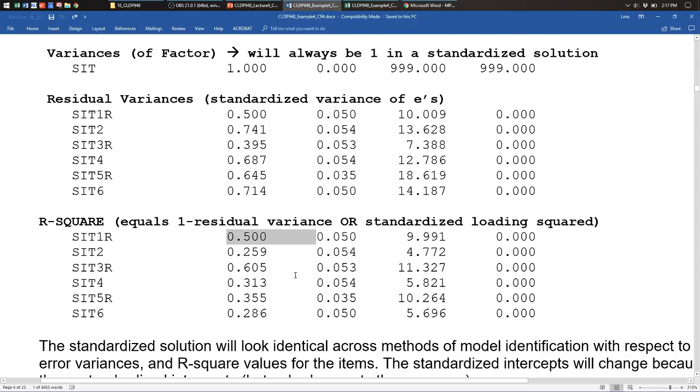Your standardized loadings squared get shown again as an R square, which is how much of the item's variance the factor has accounted for. There are no hard and fast rules about what is good and bad, but anything under like 0.3 makes me squishy. I'll just tell you that. That's a personal thing. I figure it should be at least 30%.